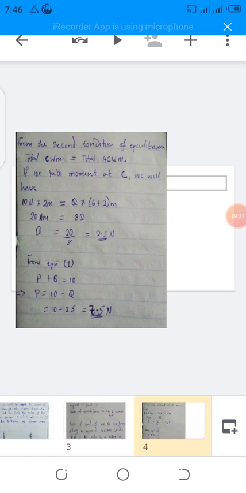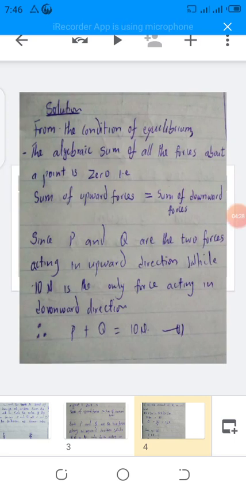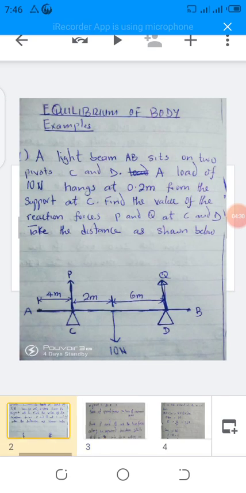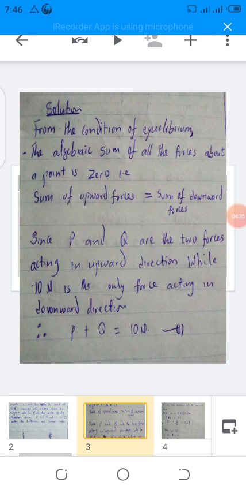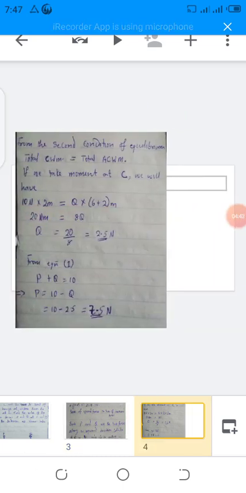Now, from the second condition of equilibrium of body, the total clockwise moment must be equal to the total anticlockwise moment.